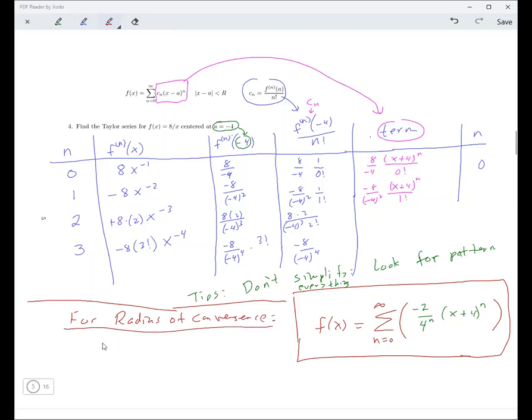You can use the ratio test here or the root test. And on this right here, you're going to get R is 4 if you do that. But there's a slightly easier way.